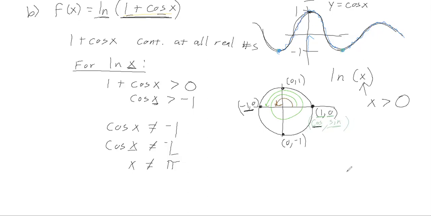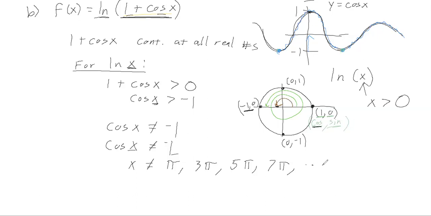That's another 2 pi from where we were at here, pi. So what's pi plus 2 pi? 3 pi. What if I go around 2 pi more? Then I'll get 5 pi. What if I go around 2 pi more? I get 7 pi. And you can see the pattern keeps going here.